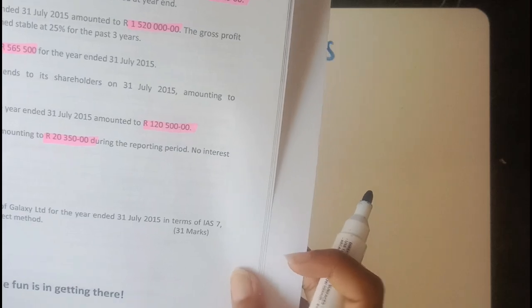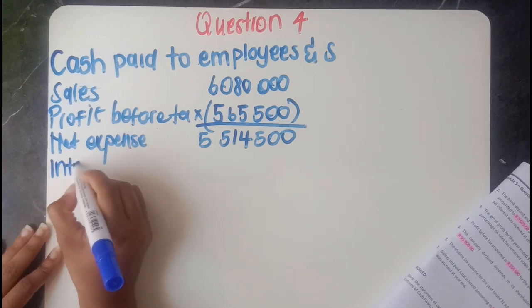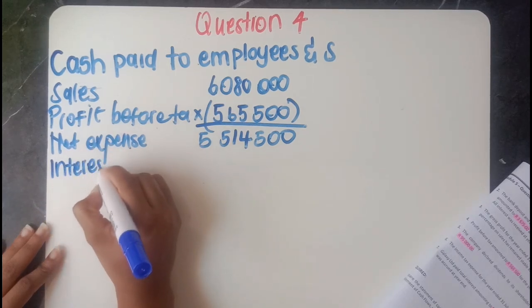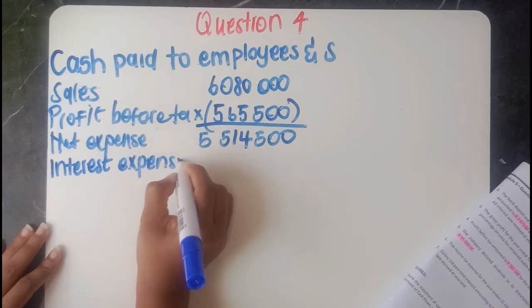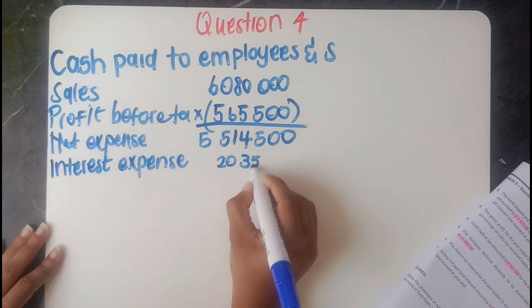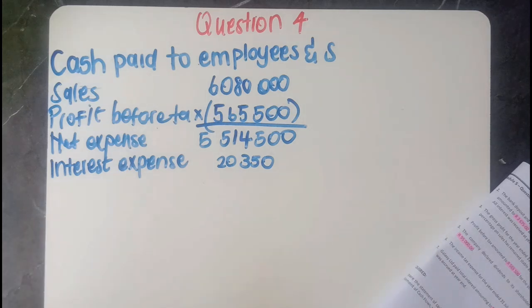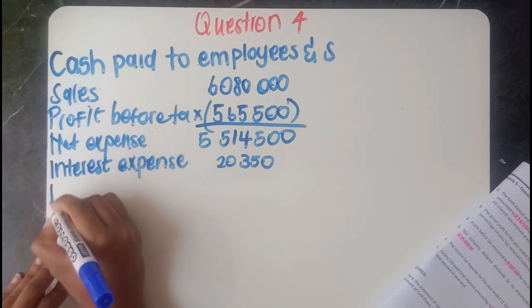No interest was accrued for the next year. So you'll have interest expense, which is 20,350. It's positive because we add all our expenses, right? And then we're going to have interest received with note 2.